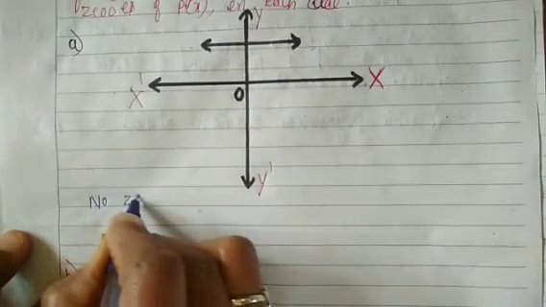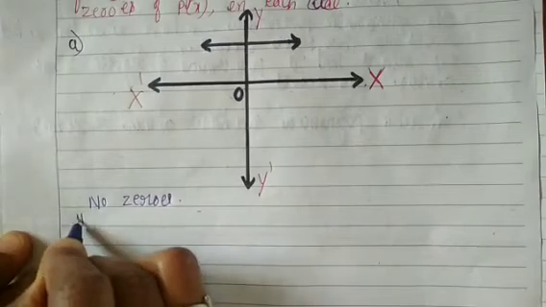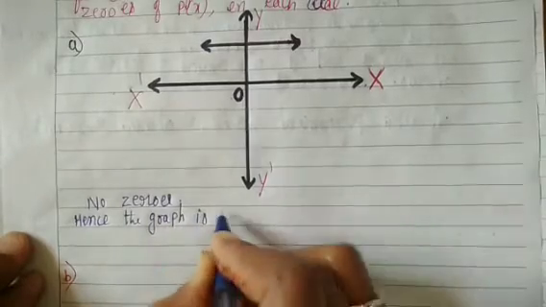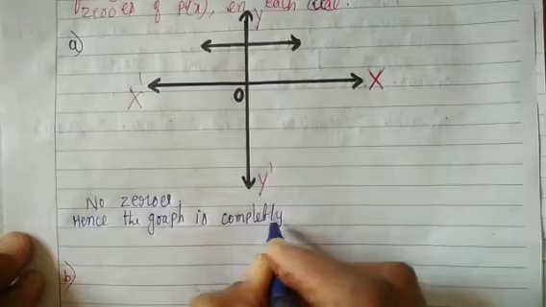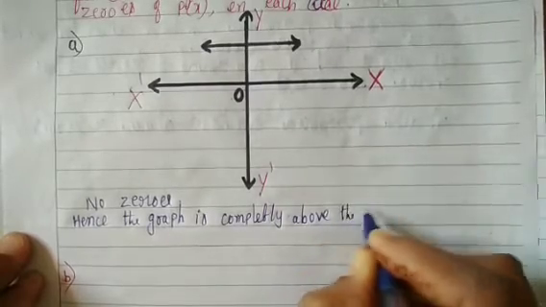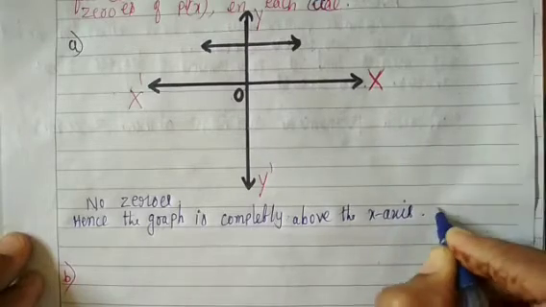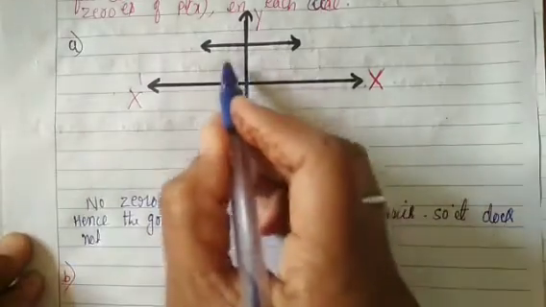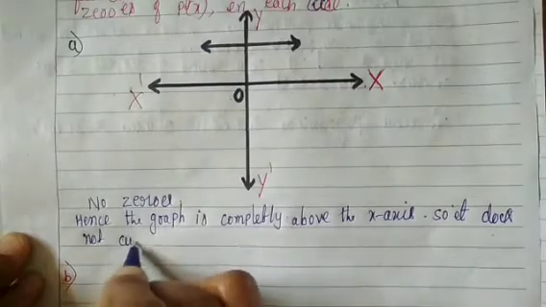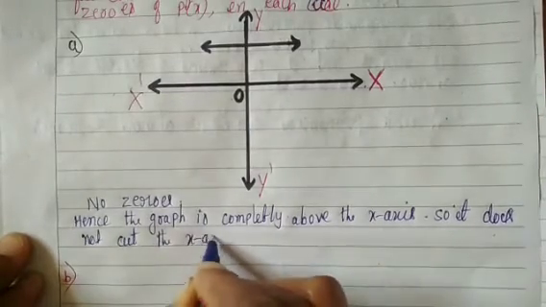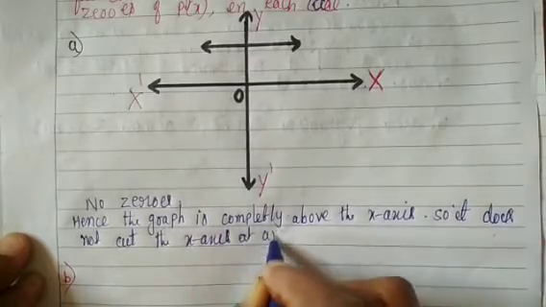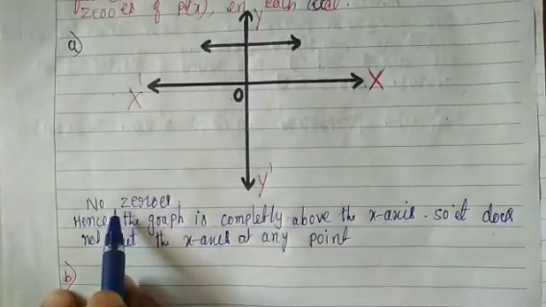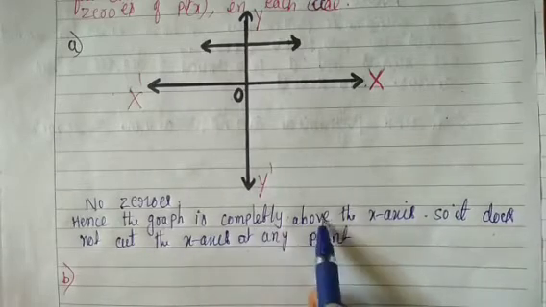No zeros. Hence, the graph is completely above the x-axis.